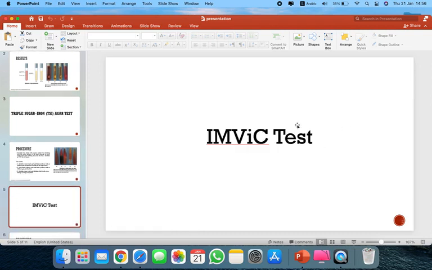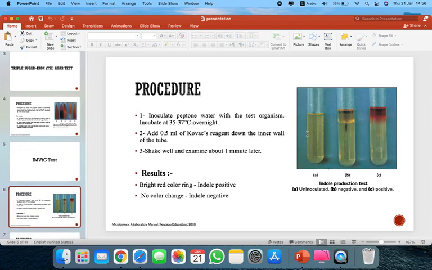Okay, so now the second section is the ENVIC test. Actually, ENVIC is a series of tests that are useful in the identification of enteric bacteria. Okay, same thing.